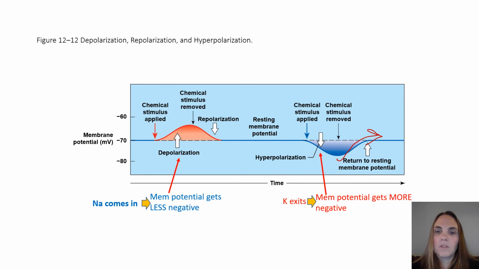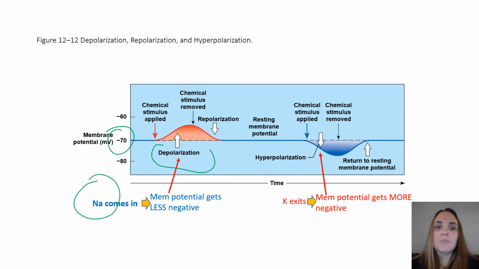So, to sum it up, we're normally at negative 70. If a sodium channel is opened, we get a depolarization. We move to a less negative charge. If we close that channel, we get a repolarization. Go back to negative 70.